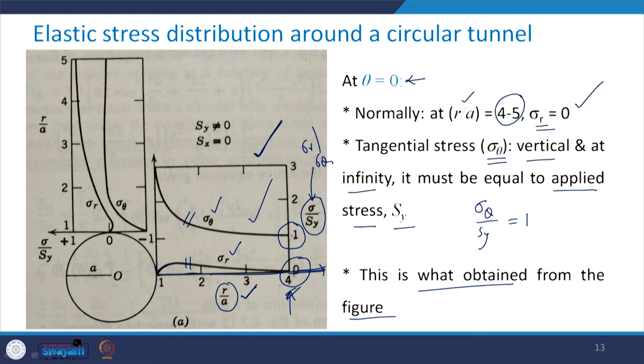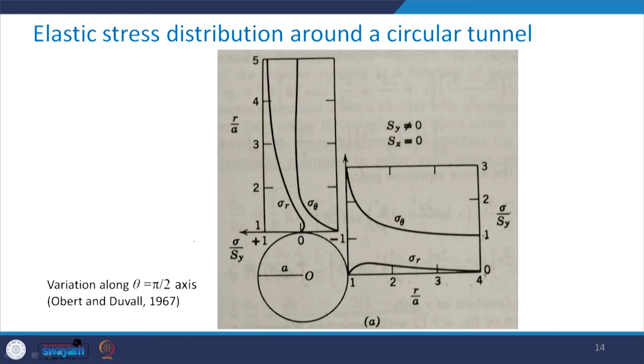Please remember, these are the typical variation of these stresses at theta equal to 0. Then focus on this portion of the figure. This is at the crown, which is at theta equal to pi by 2 axis.